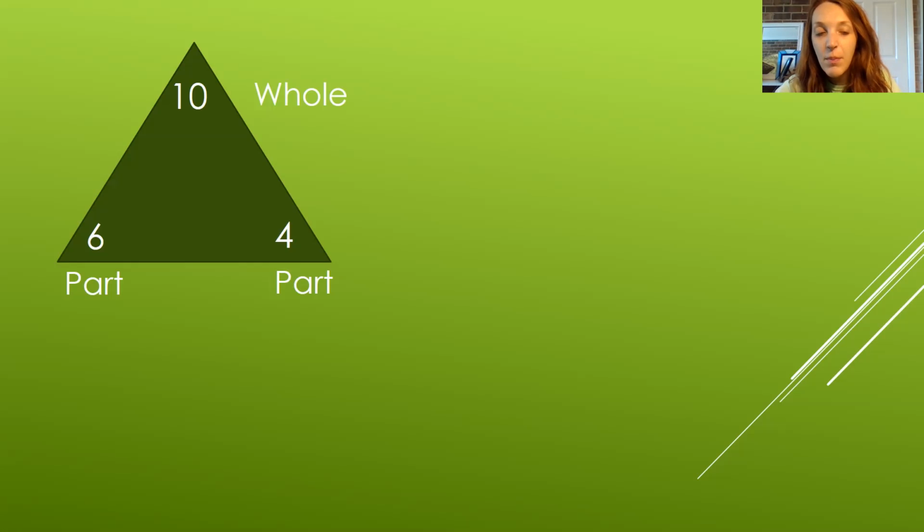See if you can remember, what is one way that we can make an addition equation out of these numbers? We know addition is the plus sign, and we put those 2 numbers together. We could do 6 plus 4, right? I know if I put this part 6 with this part 4, it is going to make my whole 10. What's another way I could write that addition equation?